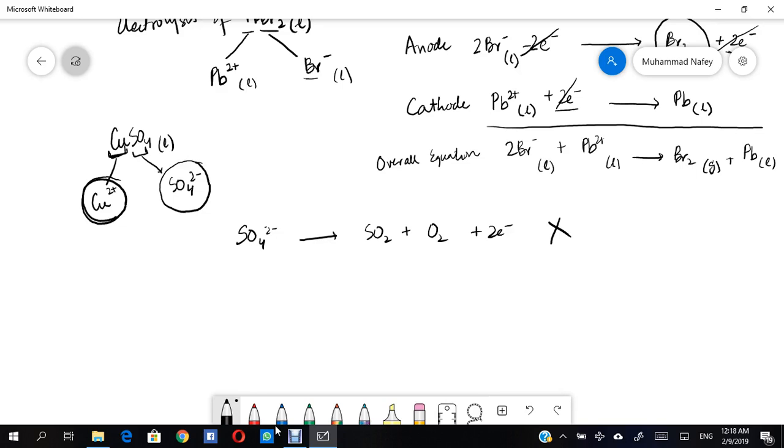Now let's recall the definition of an anode. Anode is the electrode at which oxidation takes place. Now take a look at sulfur here and sulfur here. At this point, sulfur has an oxidation state of +6, and here sulfur has an oxidation state of +4, which is definitely a reduction reaction.